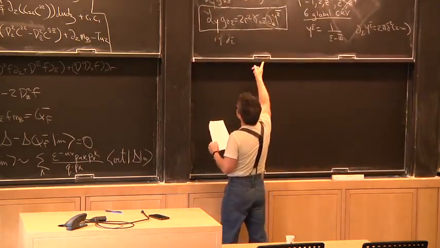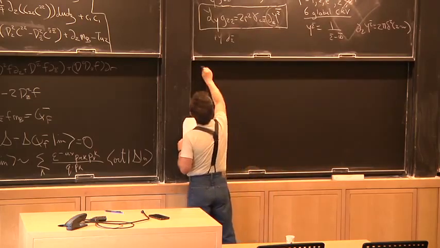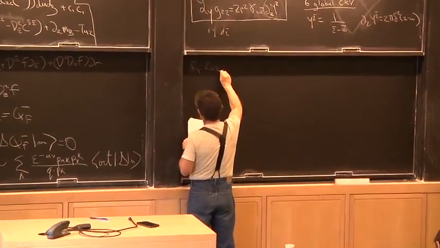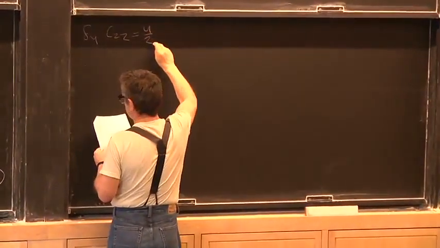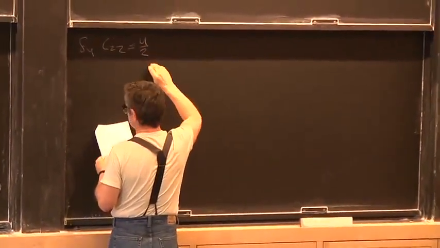Now we can start working out, and again, the best reference for these formulas is Barnich and Troessaert. We can start looking at Lie derivatives of C_zz.